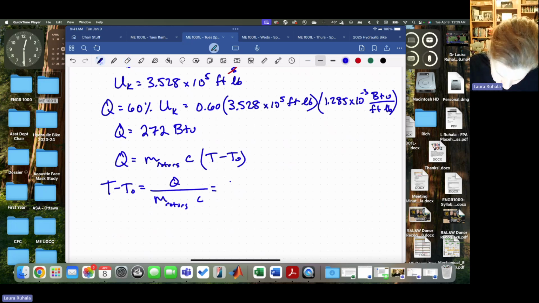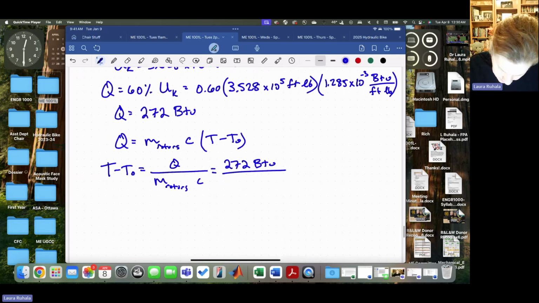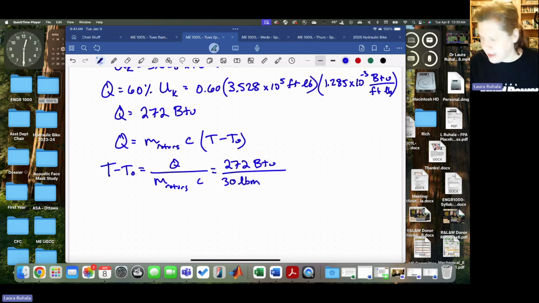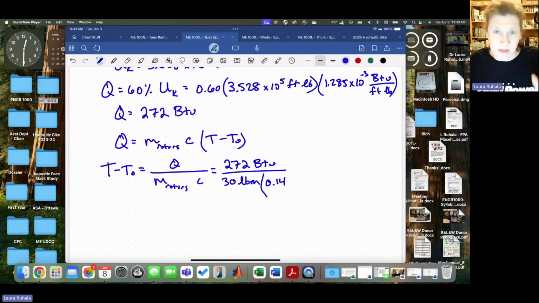So that is going to be 272 BTU. Mass of the rotors, 30-pound mass, 30 lbm. And then the specific heat was 0.14. Remember how we said it has crazy units?